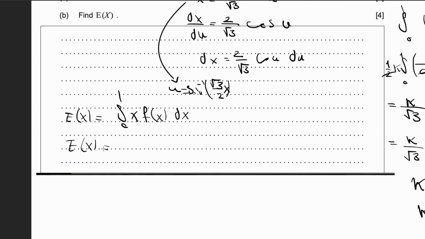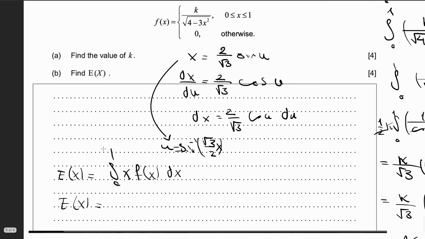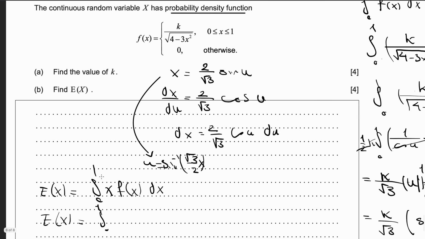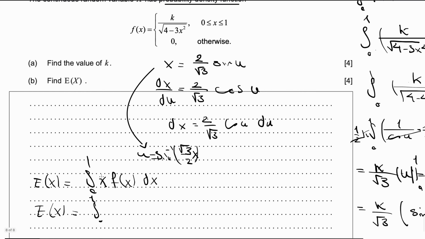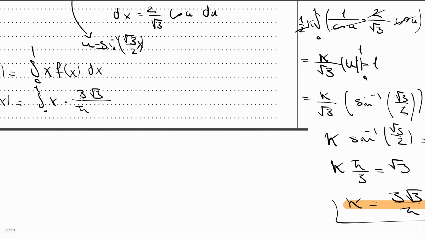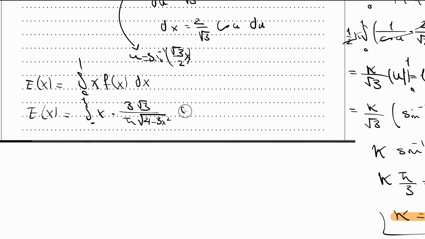So E of x will be the integral of x times, we now know k is 3 radical 3 over pi, and there is also a radical 4 minus 3x squared dx.